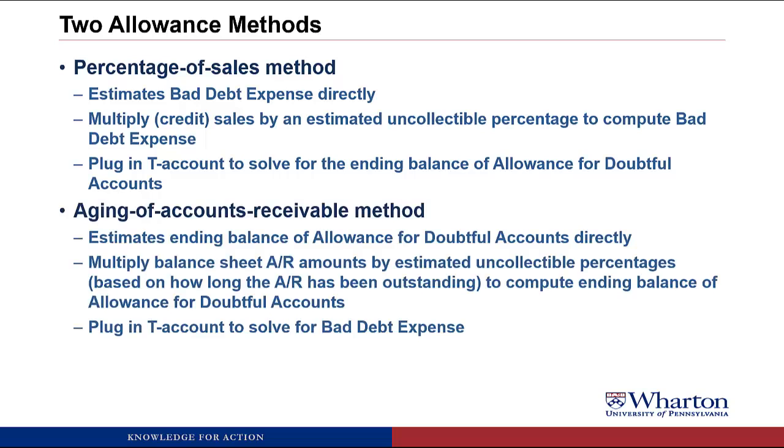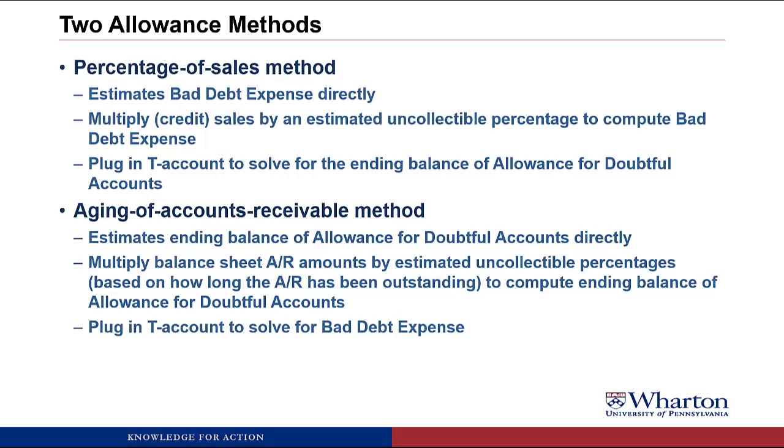The second method is called the aging of accounts receivable method. This method estimates the ending balance of the allowance for doubtful accounts directly. The way this method works is you multiply the accounts receivable on the balance sheet by estimated uncollectible percentages. It's called an aging method because the percentages are different based on how long the accounts receivable are outstanding.